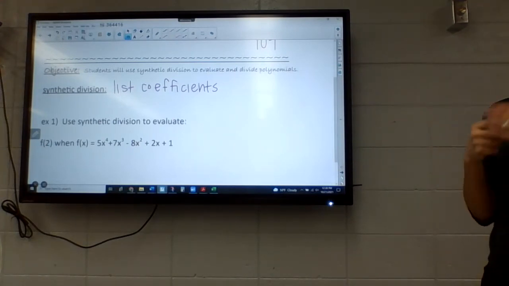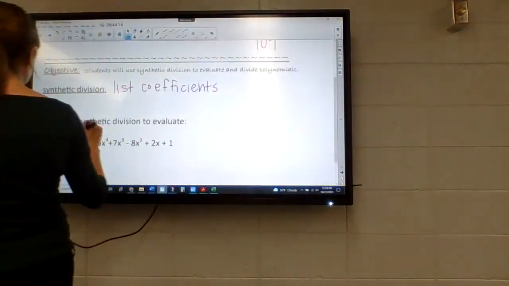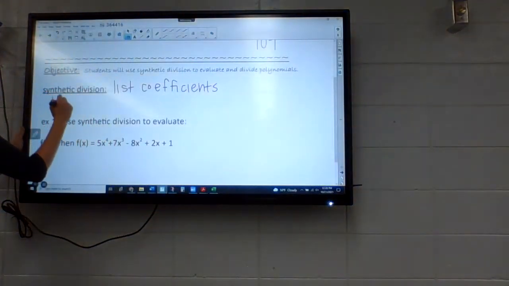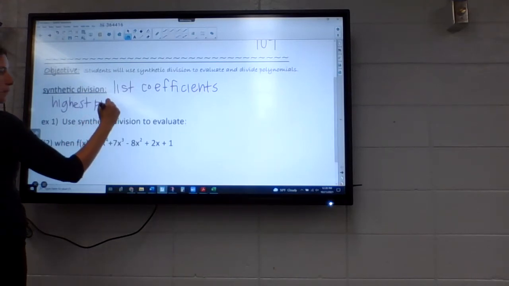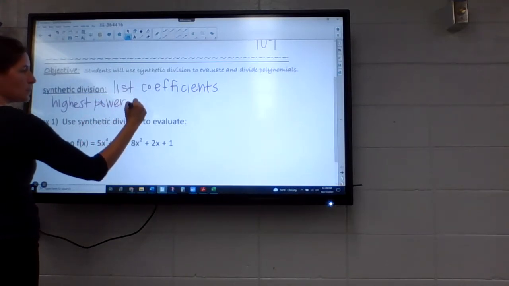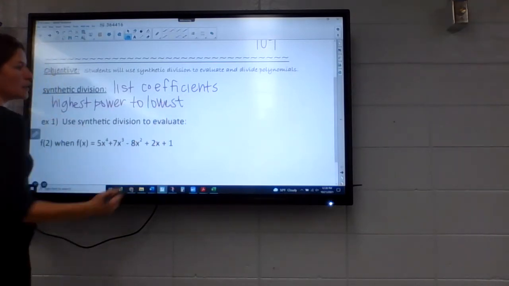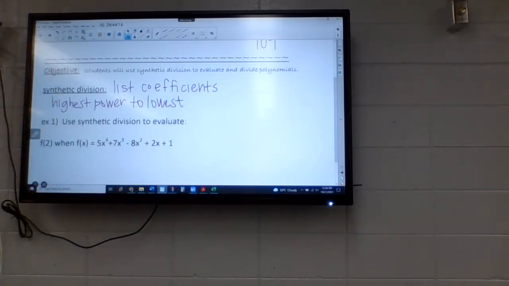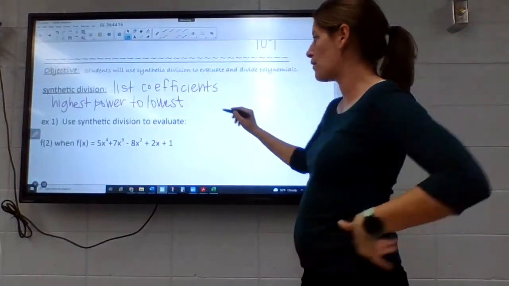So if we have a missing power of x, we do have to put a 0 in. So we go from the highest power down to the lowest, and then zeros for missing powers of x.